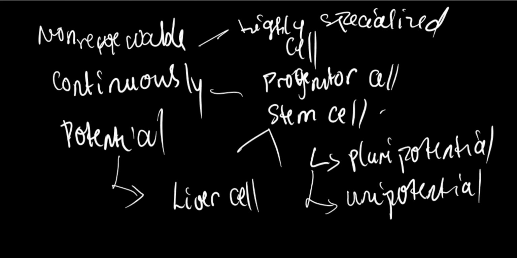However, when a mass of the liver is cut out, these cells actually have the potential of regaining their renewability, and so they are able to proliferate and regain the mass of the liver that has been cut out. So that's just a brief overview of what cell renewal is all about.